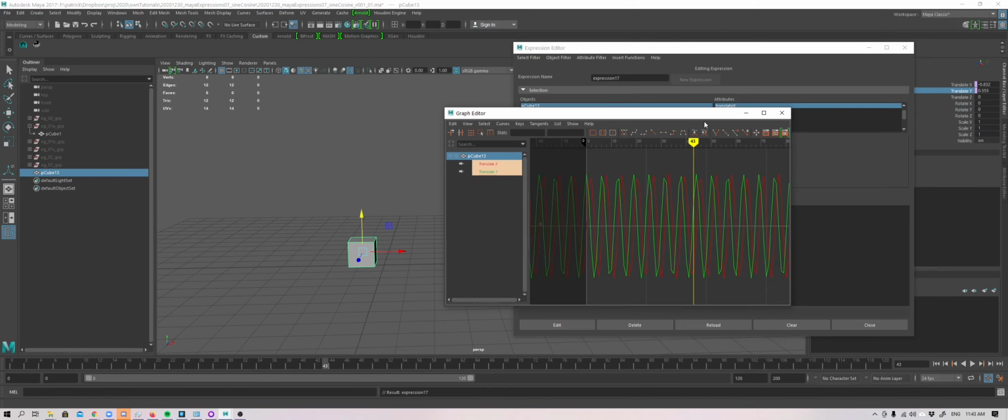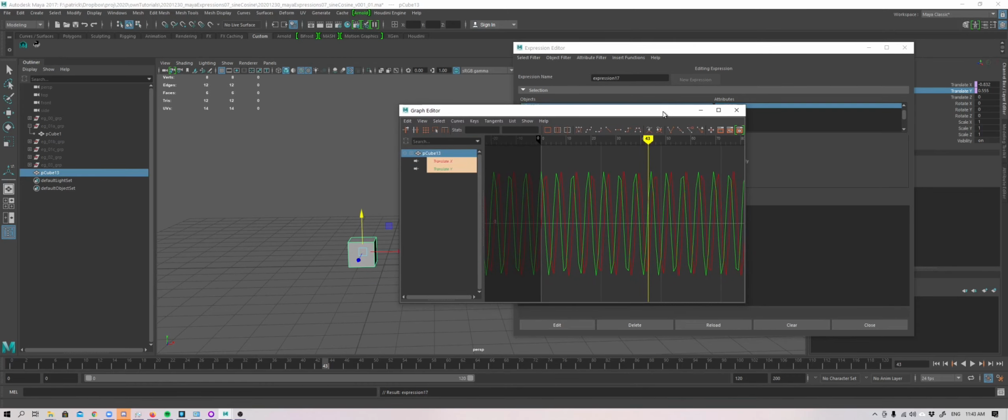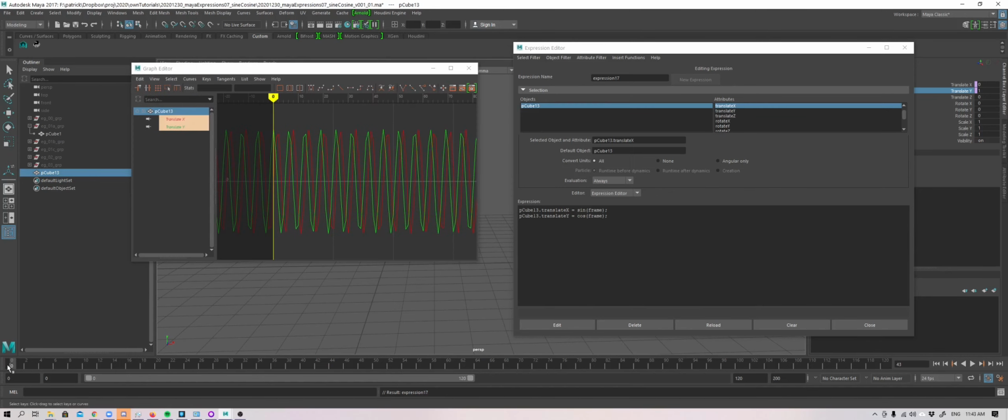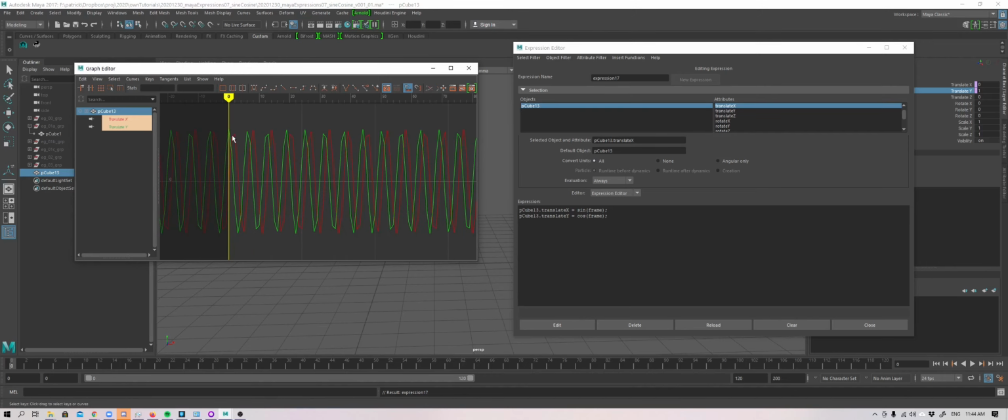I edit, and you'll see that another curve, the cosine curve, is now created. At frame 0, where the sine gives an output value of 0, cosine gives an output value of 1. Their amplitude and timing are exactly the same. The relationship is always offset from each other, where cosine is 1 first, and then sine, which is the translate x curve, reaches the 1.0 value later.